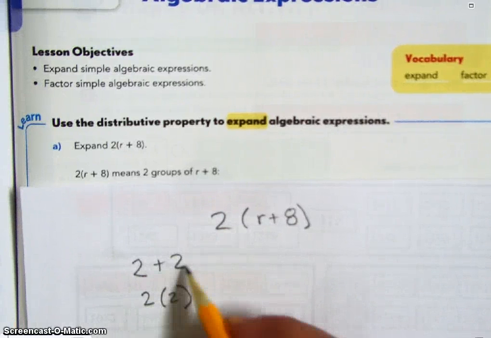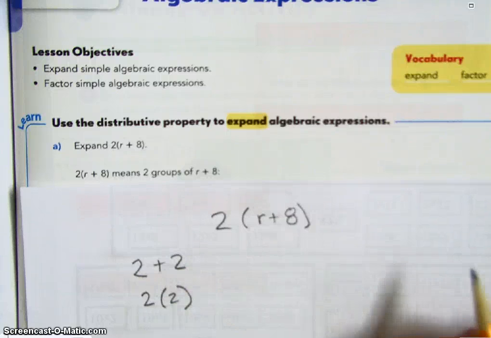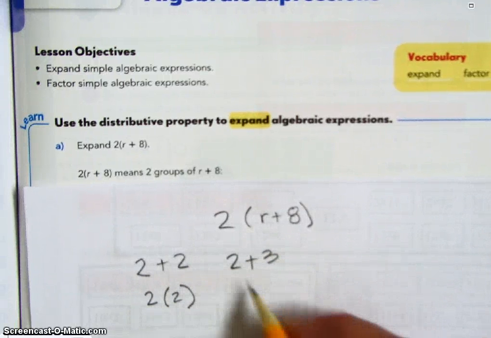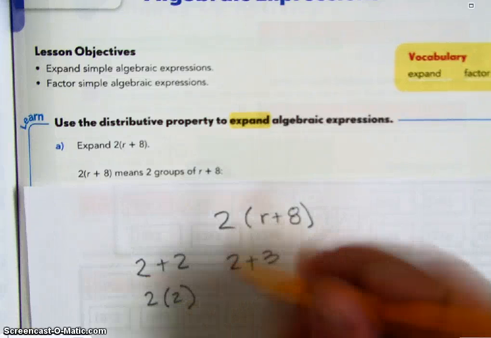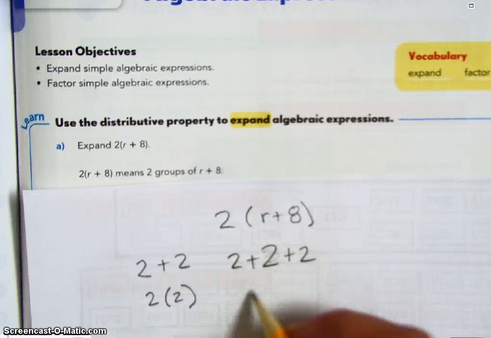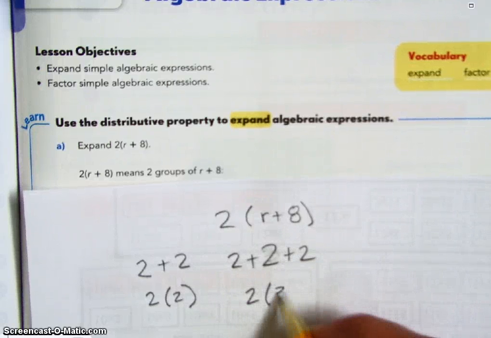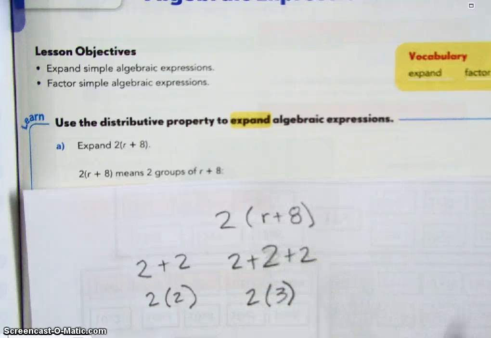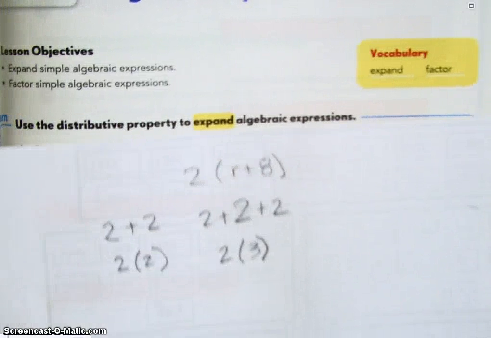Because there's 2 two times. Or maybe it would be less confusing if we did 2 plus 3, so it's not the same number. Or I'm sorry, 2 plus 2 three times is just the same as 2 times 3, because it's 1, 2, 3 times. So they're saying the same thing up here with r plus 8.